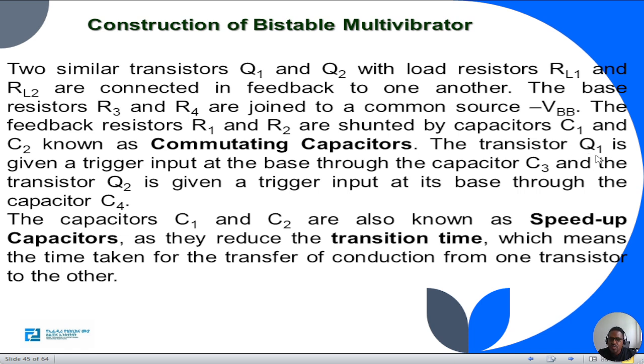The transistor Q1 is given a trigger input at the base through the capacitor C3, and the transistor Q2 is given a trigger input at its base through the capacitor C4. The capacitors C1 and C2 are also known as speed up capacitors as they reduce transition time, which means the time taken for transfer of conduction from one transistor to the other transistor.